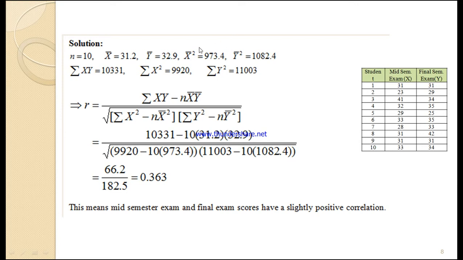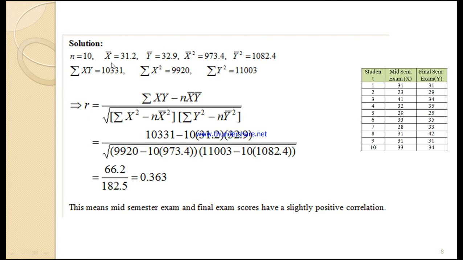And when we square x bar, i.e. 31.2 times 31.2, we get 973.4. And when we square y bar, i.e. 32.9 times 32.9, we get 1082.41.